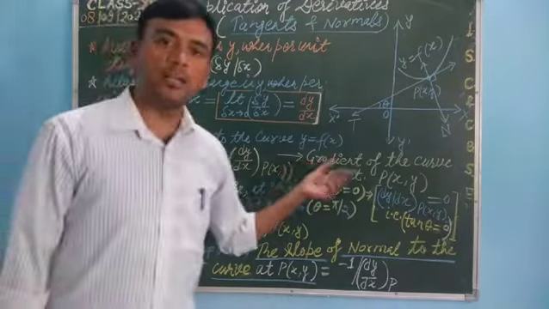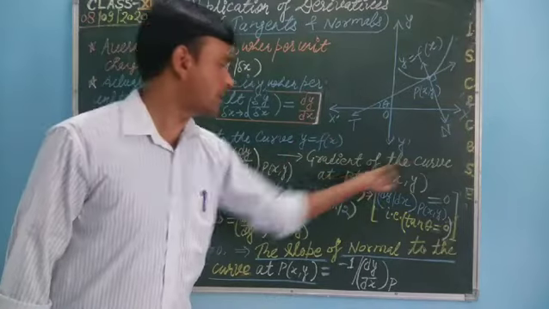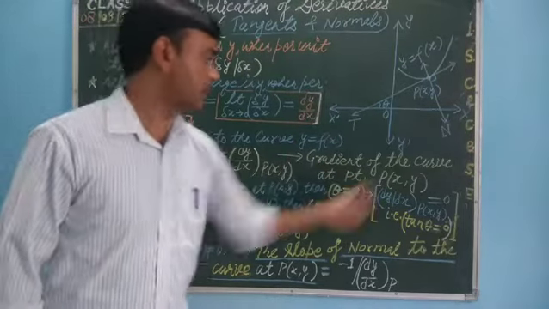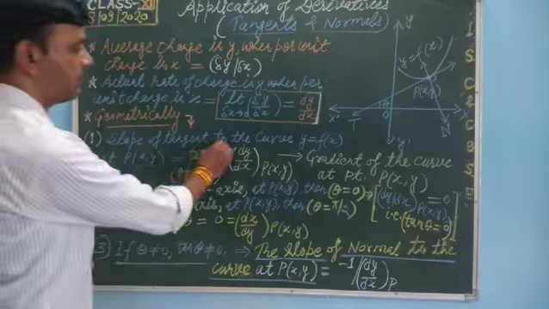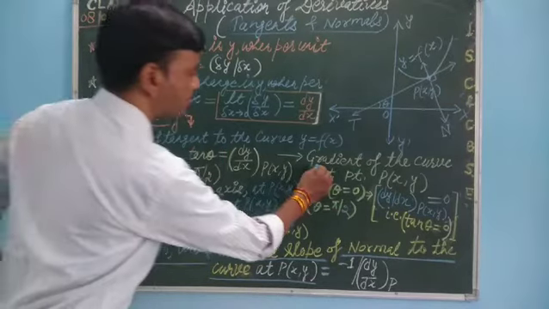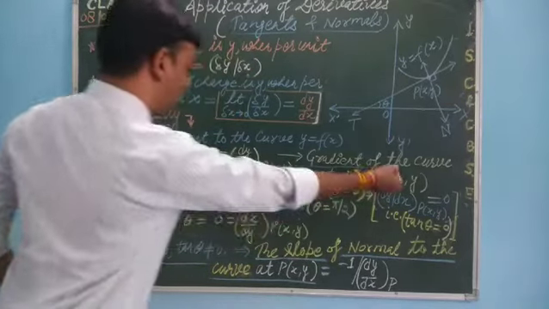This is also called the gradient of the curve at point P(x, y). So there are two names for this: slope of the tangent at point P to the curve, and gradient of the curve at point P(x, y).